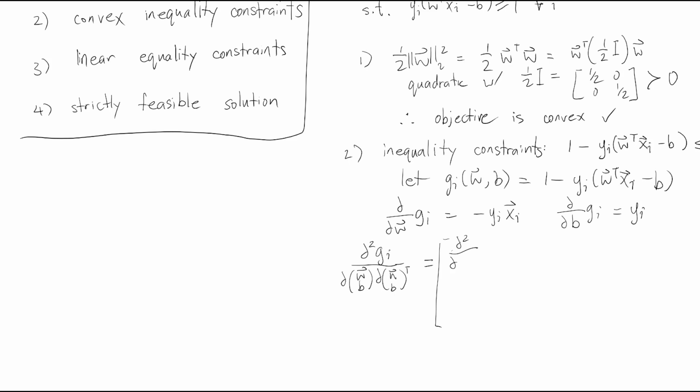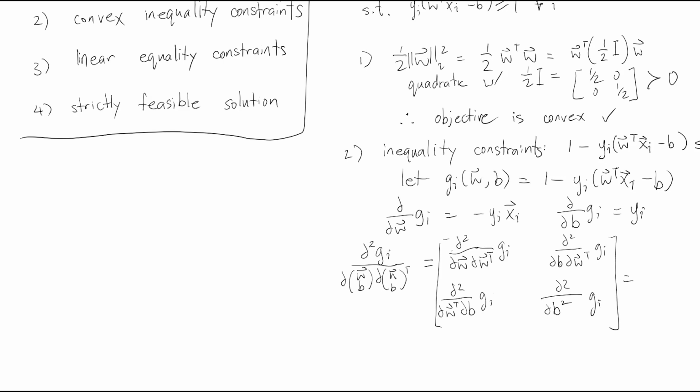The first entry is 2 derivatives with respect to w of gi. The second is also 2 partial derivatives, first with respect to b and then with respect to w transpose. Then the other order, though the order doesn't matter actually. And finally, 2 derivatives both with respect to b.